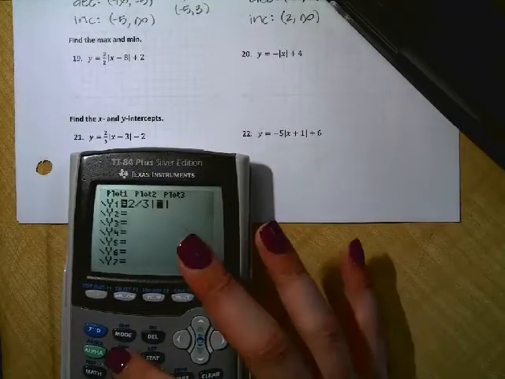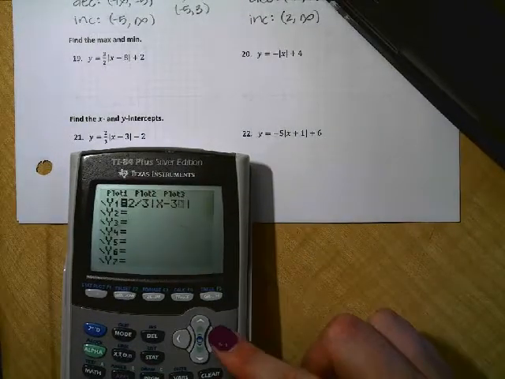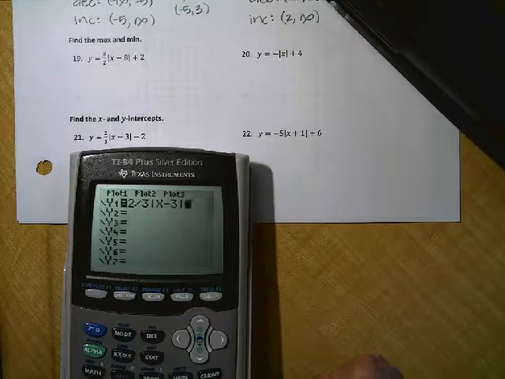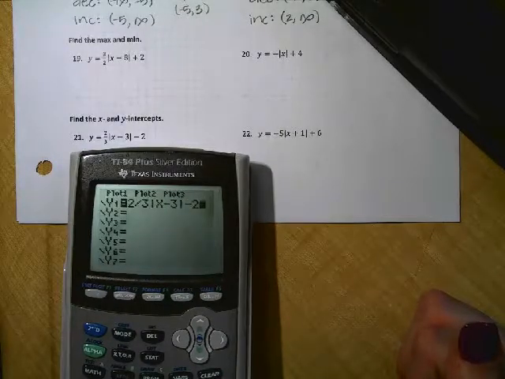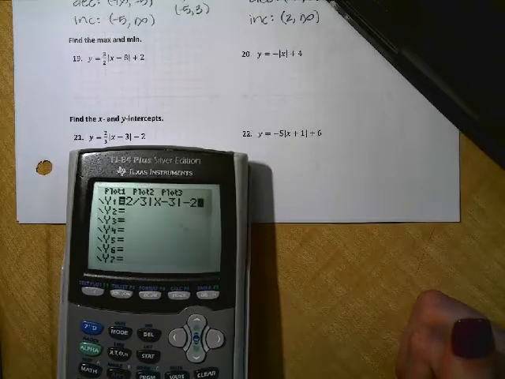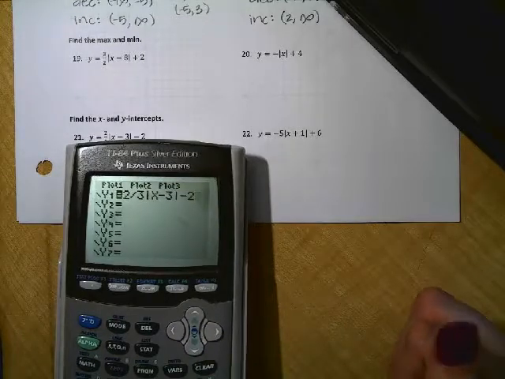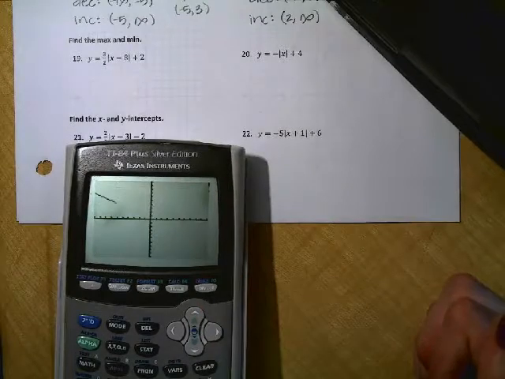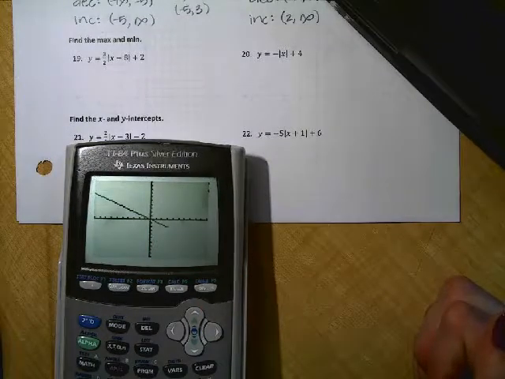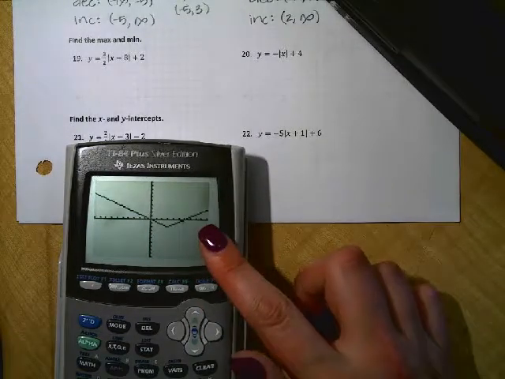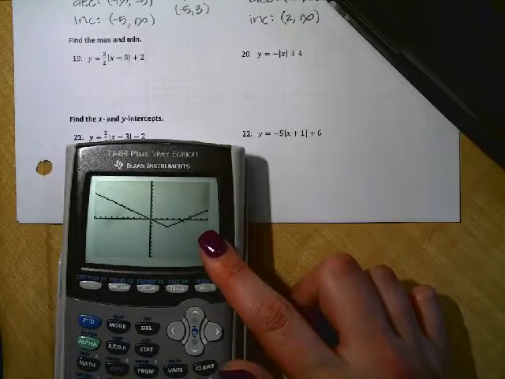So I've got x minus 3 and the minus 2 on the end. And hit graph. So this time we don't have to adjust our window because we can see everything.